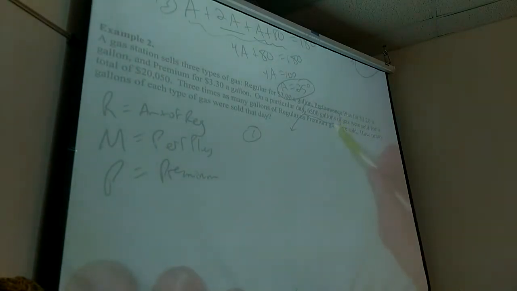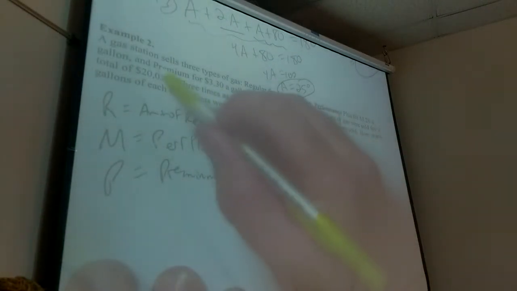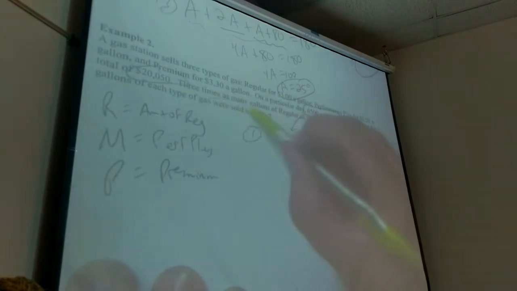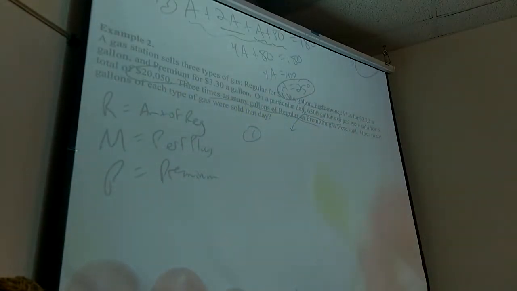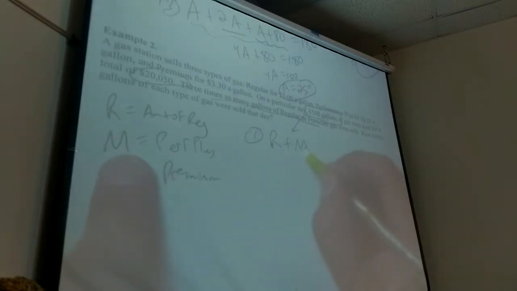I'm just talking about this thing. There's this one, there's this one, and then there's this. That's where my 3 equations are coming from. So what equation do I set up from this? R plus. Yeah, there's R gallons of regular, M gallons of medium, the performance plus, and then there's P gallons of premium.